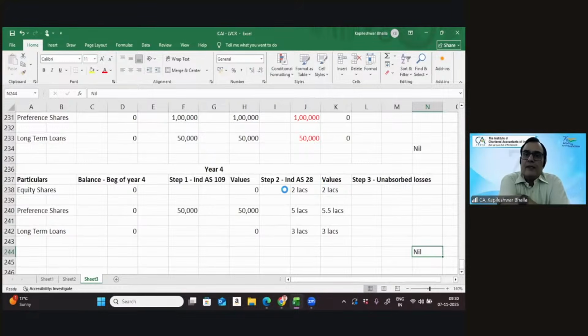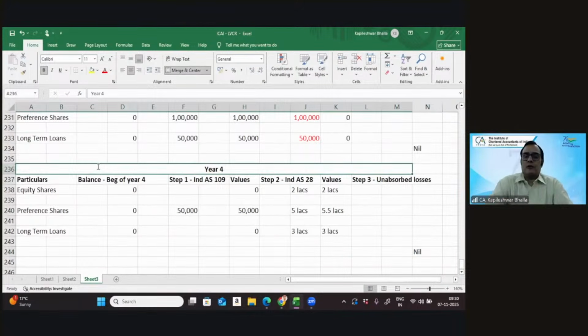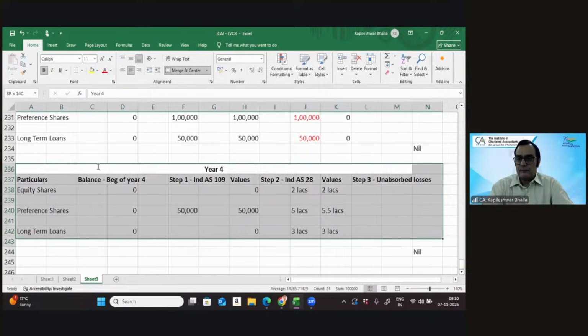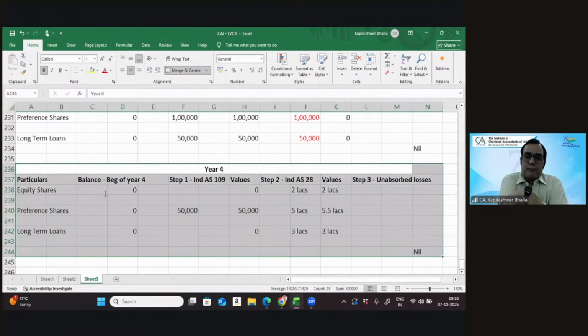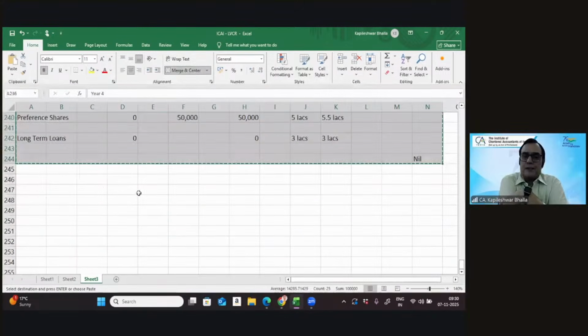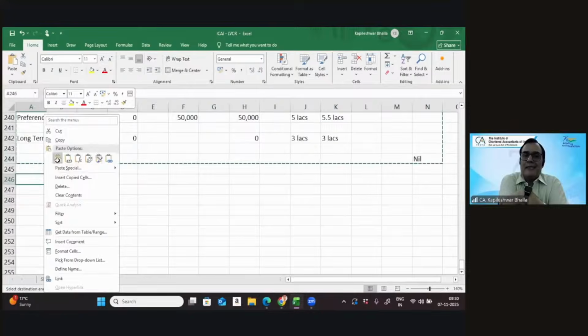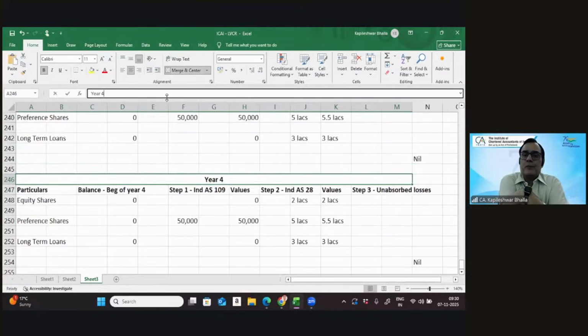Wonderful. Okay, now with these inputs in hand, we can now go to year number 5 as well. Yes, now we are running profits in this case. So I think step by step, if you do the calculations, it is pretty simple and pretty straight indeed. So we are on year number 5.